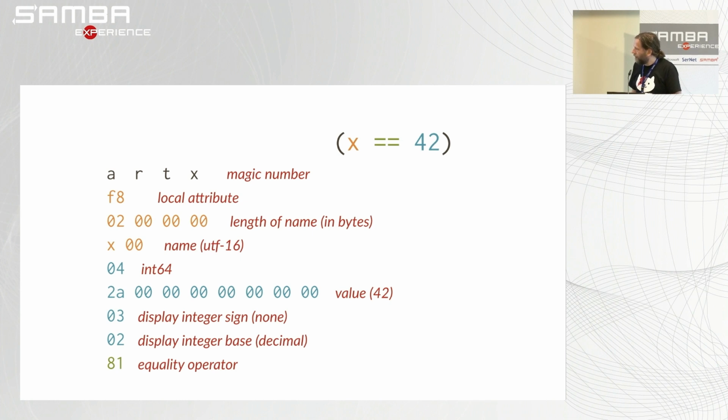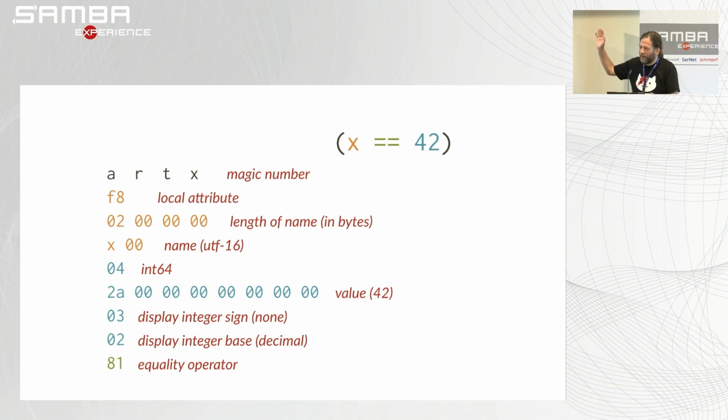And then this says it's a 42, a 64-bit integer with that value, and then there's these weird magic things that the integers have, which are just flags to say how it's displayed. So this is saying it's not displayed with a sign character. If that was plus 42, that would say it had a positive sign.